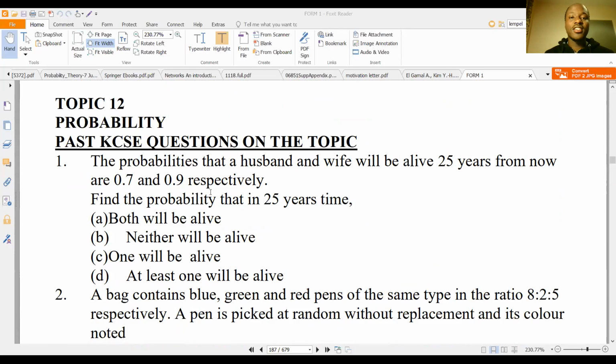So we say that the probability that a husband and a wife will be alive 25 years from now are 0.7 and 0.9 respectively.